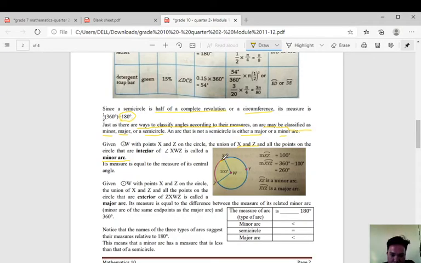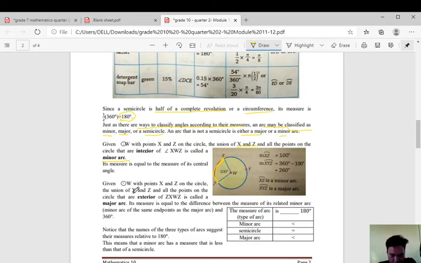So this arc formed by points XZ is called a minor arc. Its measure is equal to the measure of its central angle. So always remember, the measure of a central angle is equal to the measure of its intercepted arc.